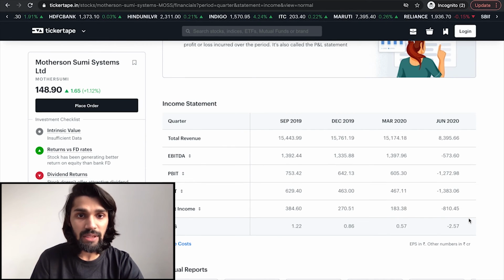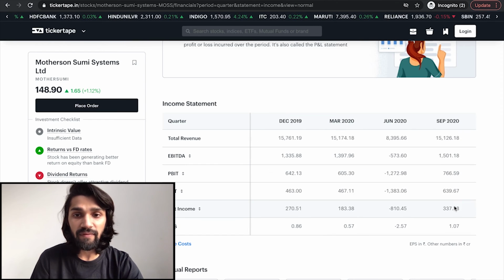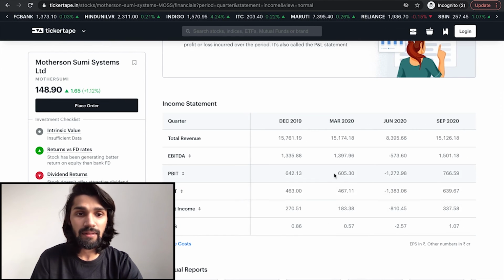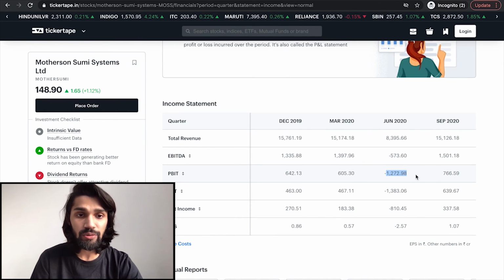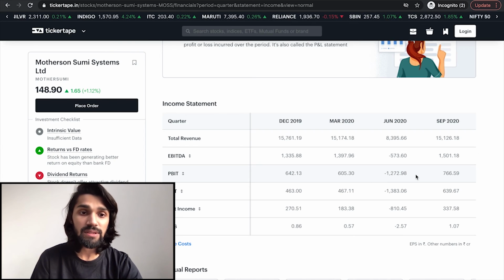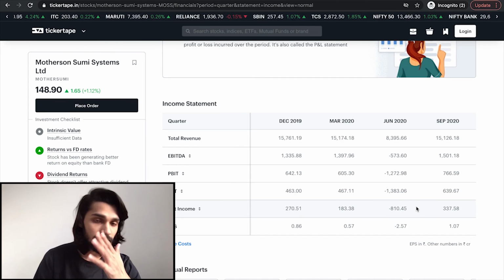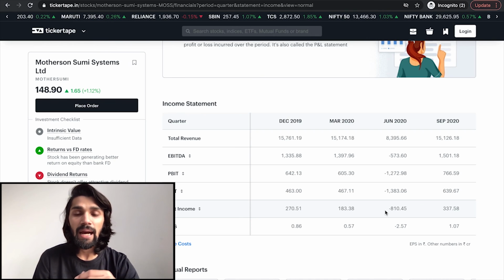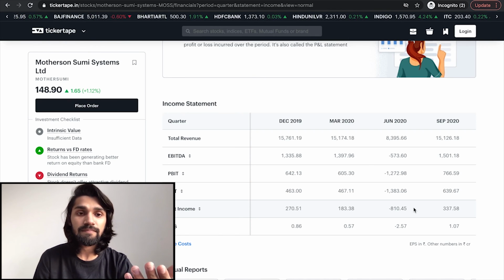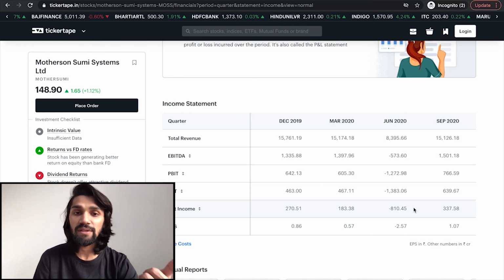Now if you see, in the year 2020 March, it had a profit, it had a good profit. But in June 2020, the number that has been registered is negative 810, which is a big number. But if you consider the numbers that have been produced in June are from between March and June, and probably that was the lockdown period, and a lot of things were shut down.